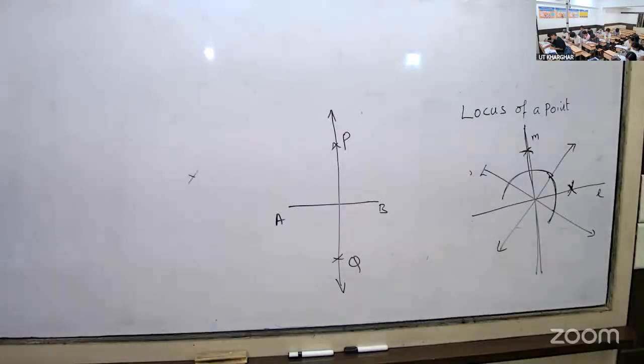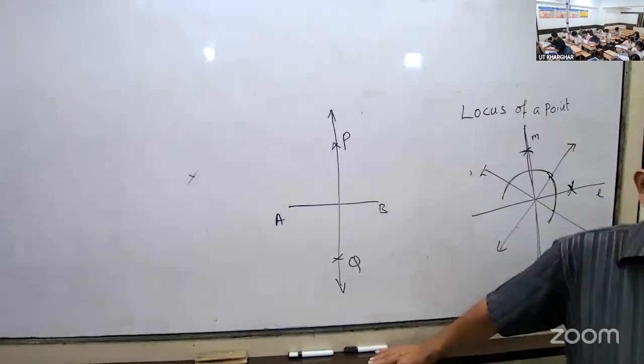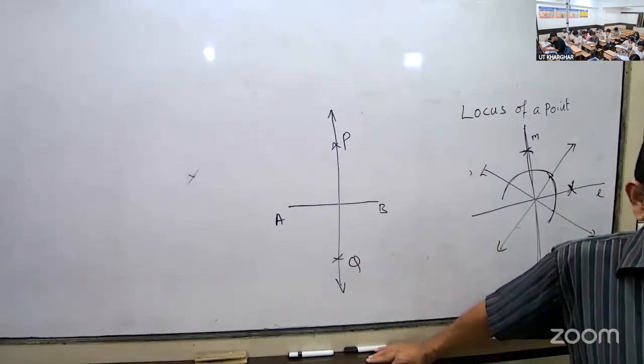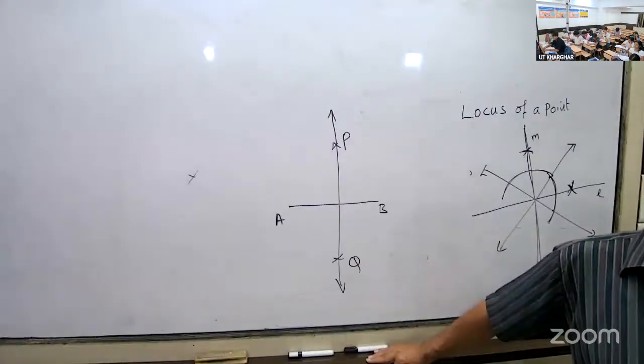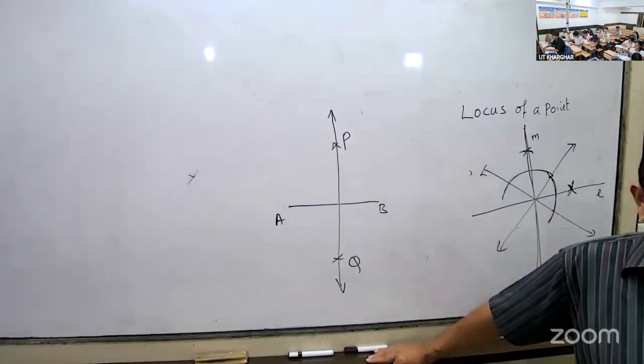This is a perpendicular bisector drawing. So when 2 points are given, you have to draw the perpendicular bisector. First the circle is drawn, then second one is the perpendicular bisector.